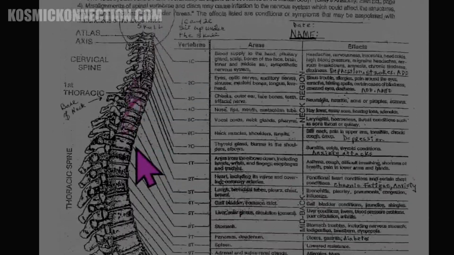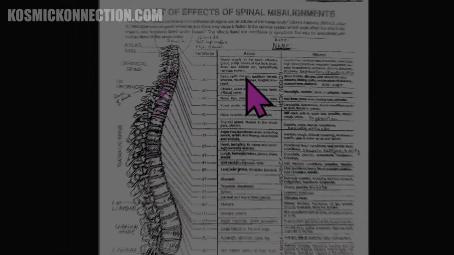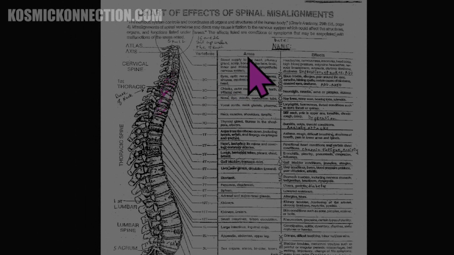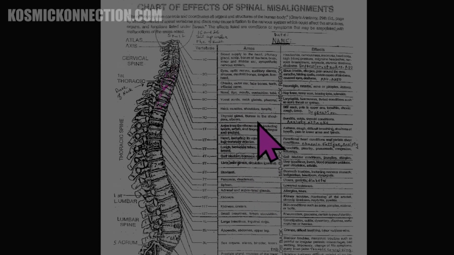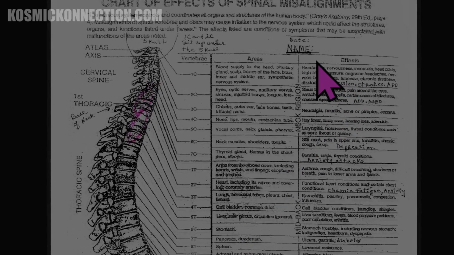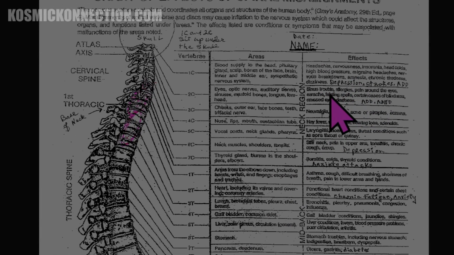That's the area that the nerves go to when they exit each one of those vertebrae: the head, the eyes, the cheeks, the vocal cords, the neck, the thyroid, the heart, the lungs, gallbladder, etc. And then the next column is the effects. And that's the effects that you get if that vertebrae is turned out of place.